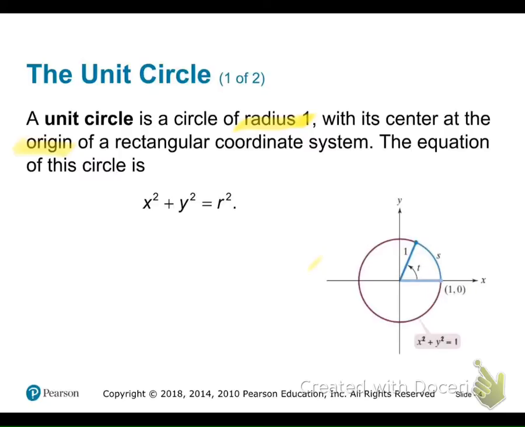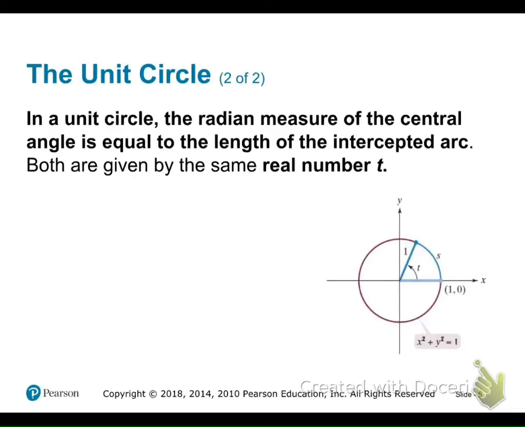So this next slide is not anything that we haven't had, but again, in the unit circle, the radian measure of the central arc angle, or central angle, is equal to the length of the intercepted arc. Both of these are given by the real number t. Do you guys remember the formula? What was the formula for S?